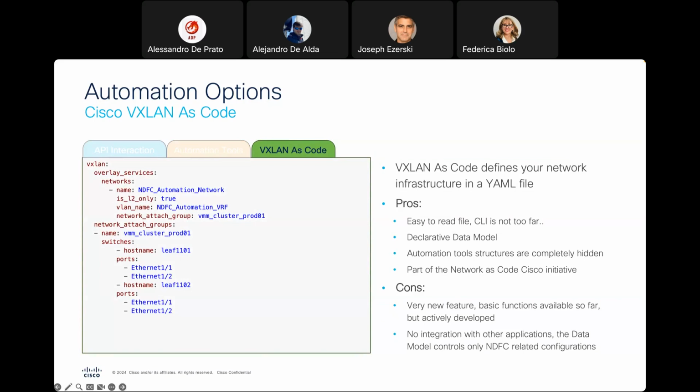The only thing we care about is the data model, which is a file, a text file encoded into YAML format, which, if you believe me or not, and you can see it from here, it could also really look like a running configuration on the devices. It's not that different, right? And this file is going to contain the configurations for our entire networking infrastructure. The Vxlan as code will be able to read this file and implement whatever it is required in order to push this as an intent into NDFC.